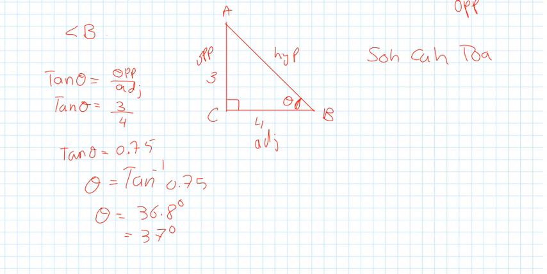What is it always? 180, right? So if I add A plus B plus C as angles, they're going to add up to 180. I know that this is 90, and I know that this is 37. So in order for me to find angle A, it's as simple as doing 180 minus 90 minus 37.